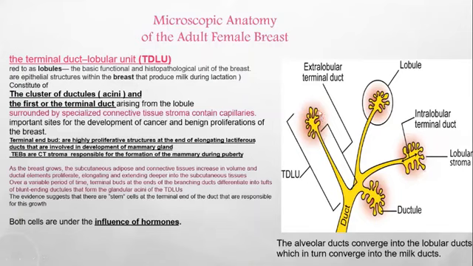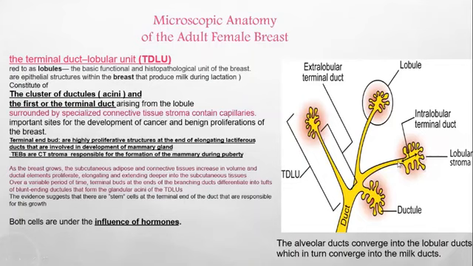It is an area of lobules or a cluster of alveoli, and within these alveoli there are intralobular terminal ducts. These are drained into extralobular terminal ducts.